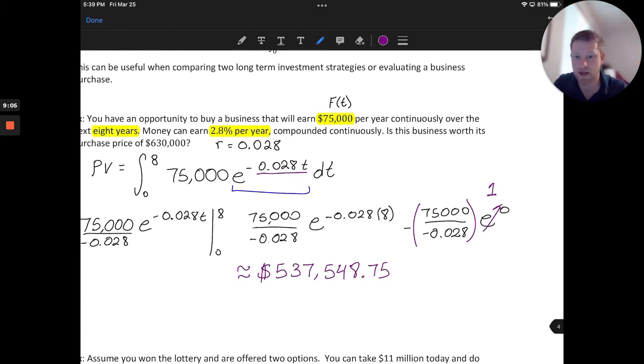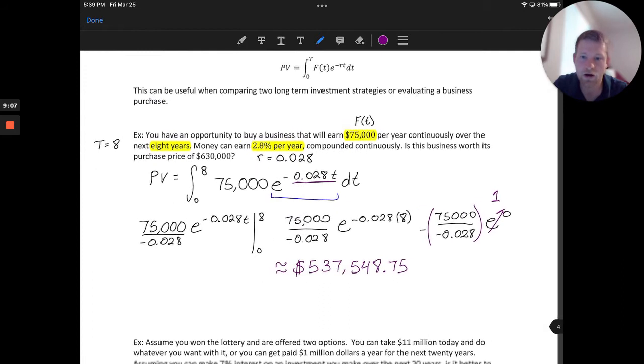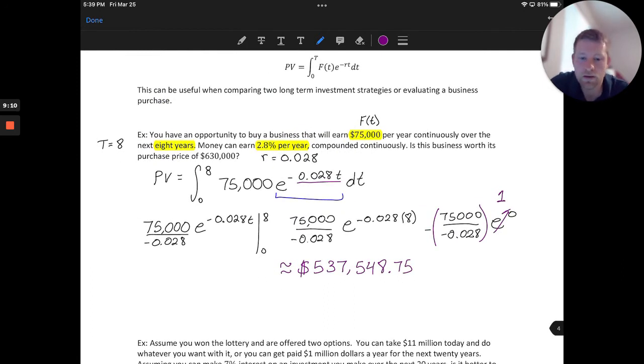Now, let's go ahead and compare this with what they are asking for the business. So the seller is asking $630,000 for this business. But notice that we have shown that the present value of the business is only worth $537,000.